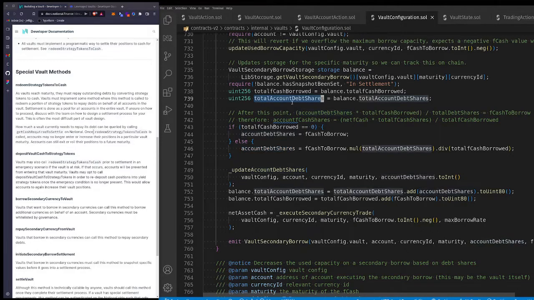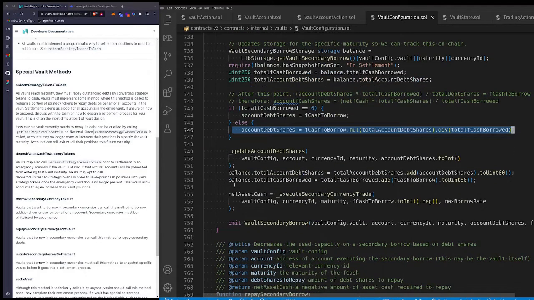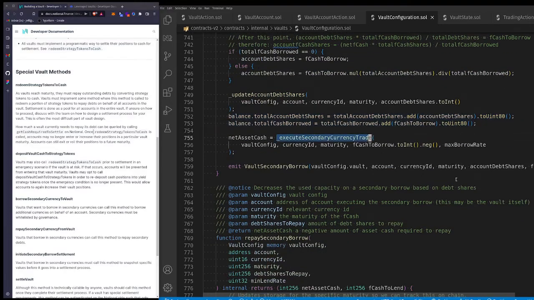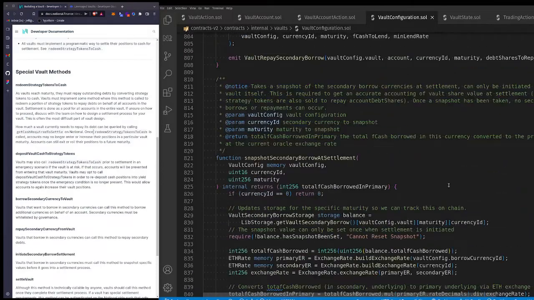So what the account actually has is what we call debt shares, which is like a claim on the secondary debt borrowed in that secondary currency. We calculate that using some math here, and we update that on the account and on the balance as well.